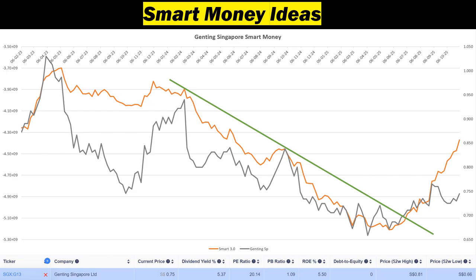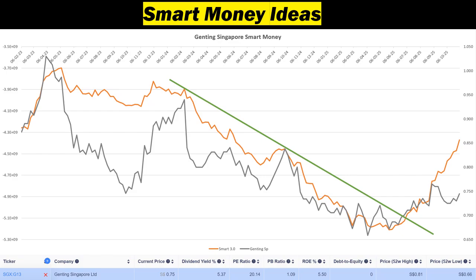At the bottom of this chart also, I've just shown some fundamental data, which is also available on the first two pages of the weekly smart money report, whereby I list out the stocks in the smart money buy list. So you can see that this will give us some assurance or some indication that this stock, even while we are holding on, waiting for its share price to move, continues to generate 5.3% of dividend yield for the investor.